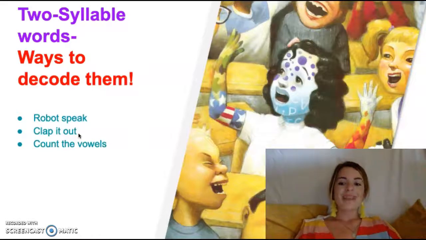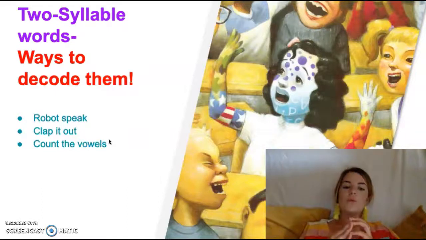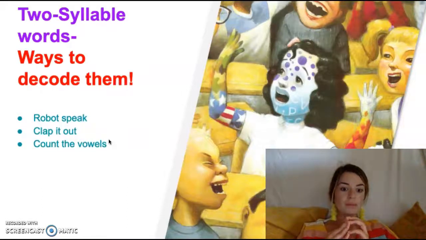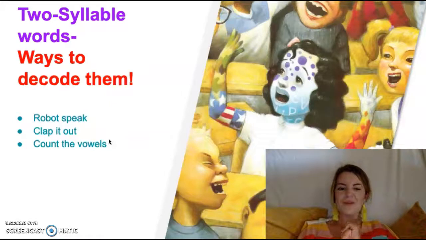Okay. And then counting the vowels. Counting the vowels is a wonderful way to test if we've broken up a word into syllables correctly. So if you've done it correctly, there should be one vowel per syllable unit. I know this sounds a little bit confusing, but when we do some words and break them up together, it's going to make a lot more sense.